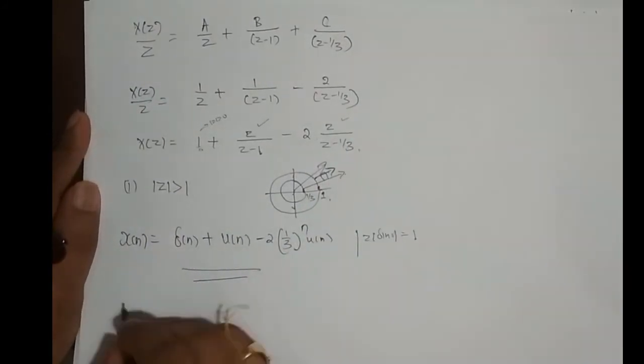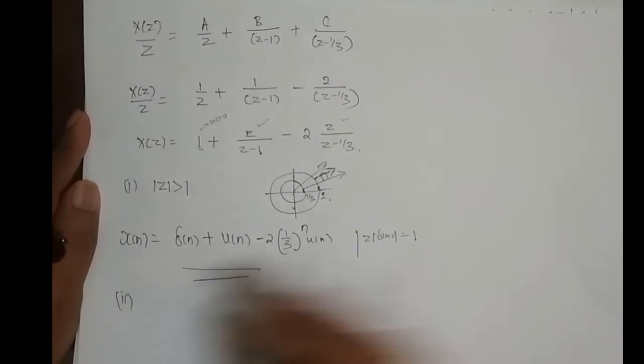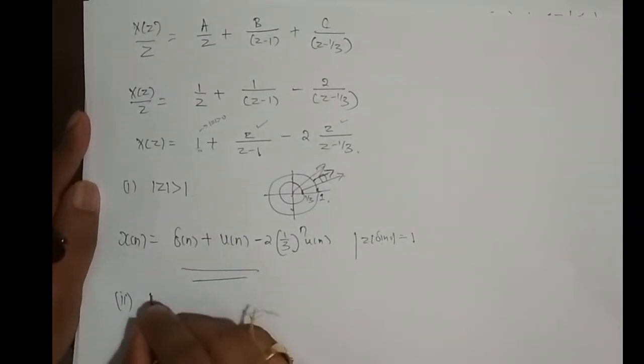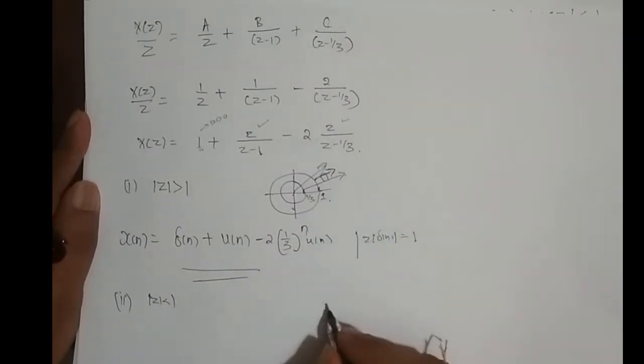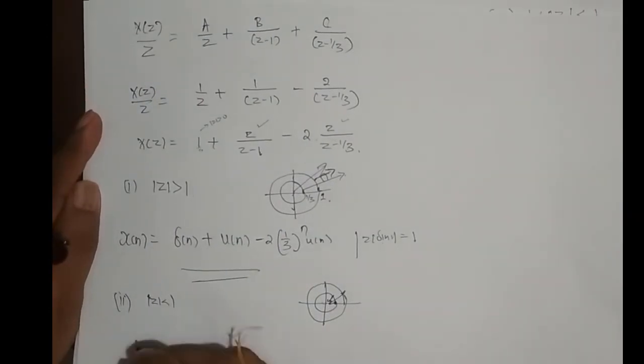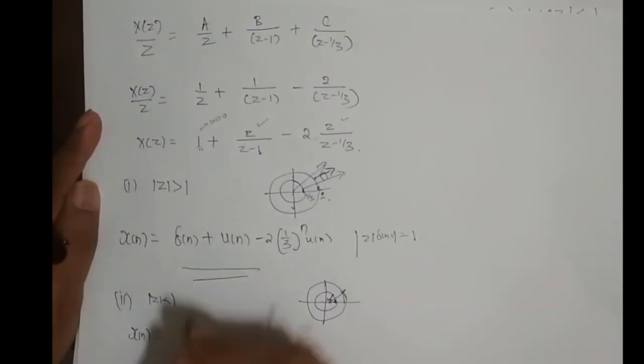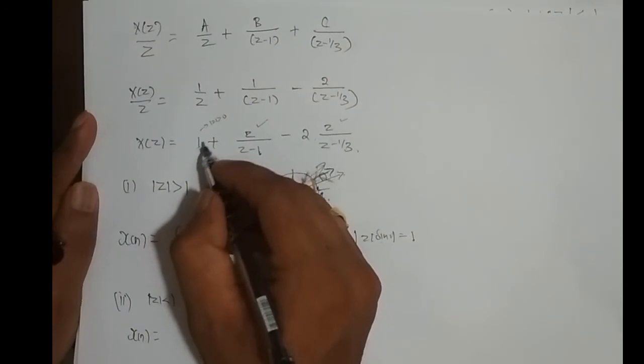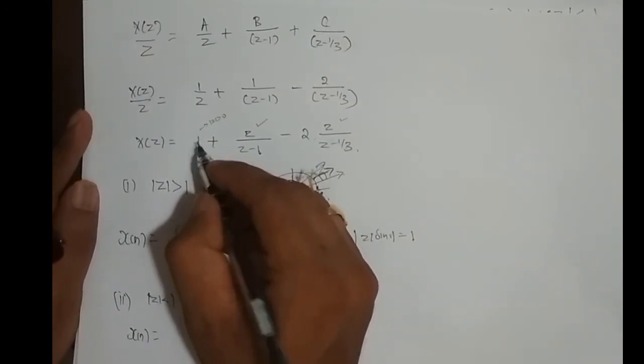Fine. Now, what is the second ROC I need to consider? The second ROC is magnitude of z less than 1. It is nothing but inside the innermost circle. Fine. So what do we have? X of n is equal to, it does not matter whether it is outside or inside because it's a finite length sequence.